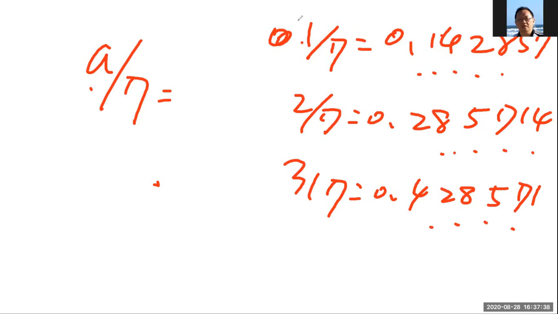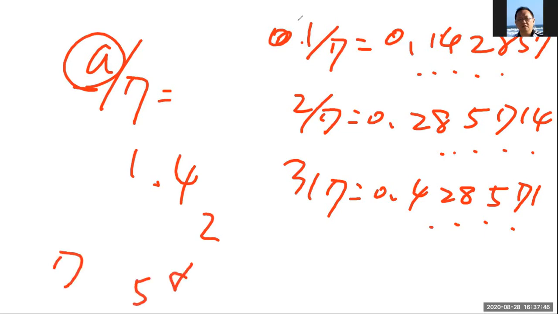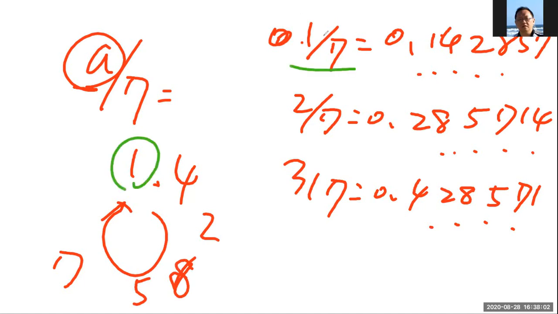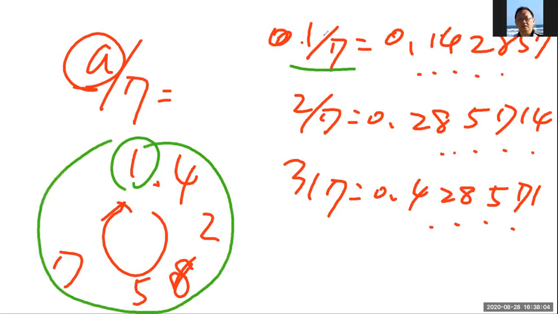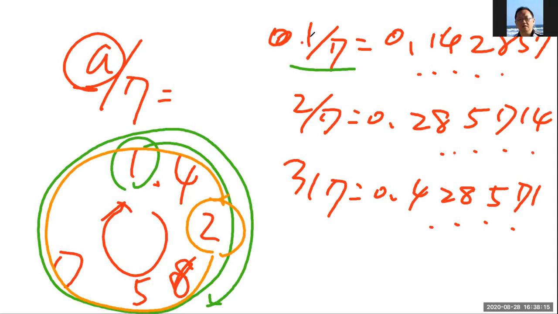But basically, a divided by 7 would be 142857 and rotating. Is that okay? So if you have 1/7, you start from here, 0.142857 and rotating. You can use a calculator and you will see it. If you have 2 divided by 7, you start from here and it is this rotating. Is that okay?